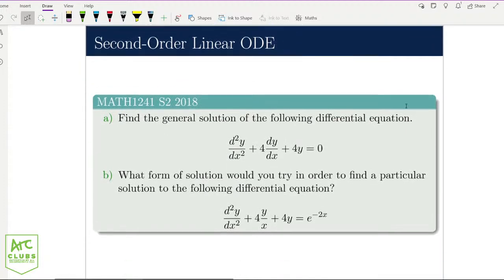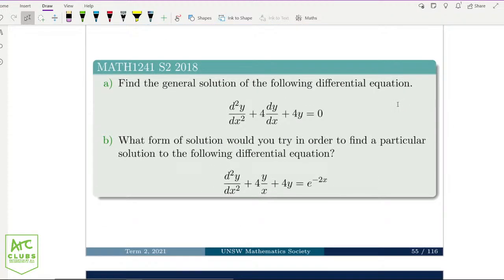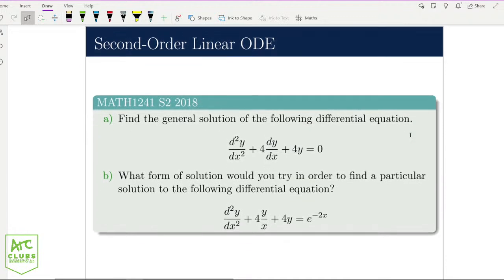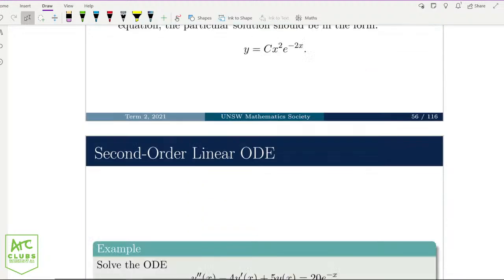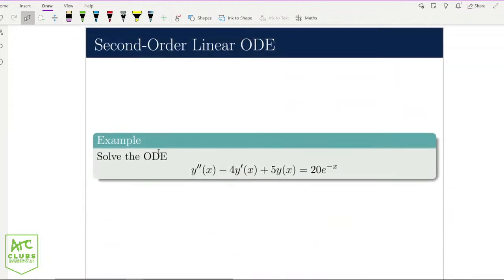Right, so again, due to time concerns, we will just very quickly go through one example question. So here we have a second order linear ODE. As you can see, on the right-hand side we have a function that's non-zero.